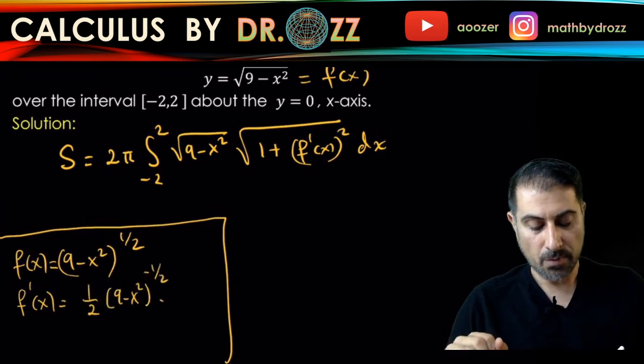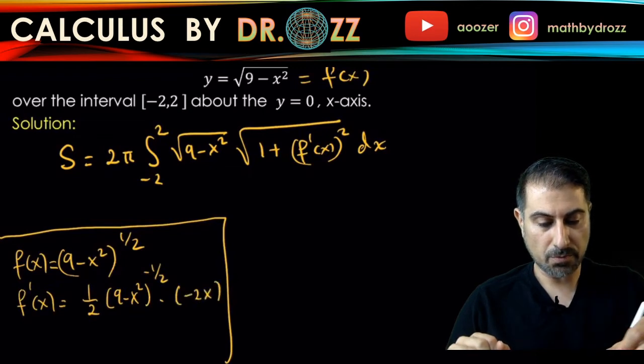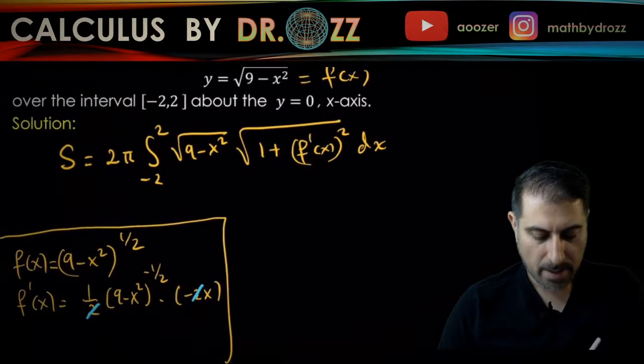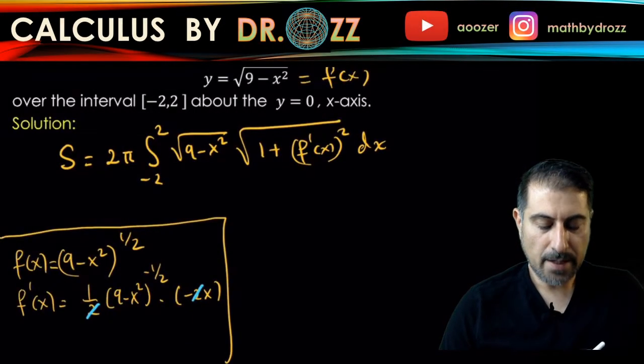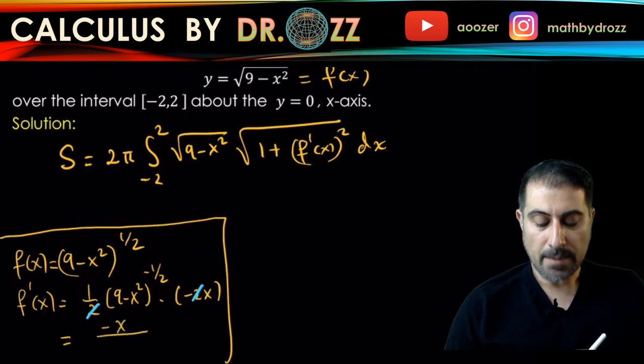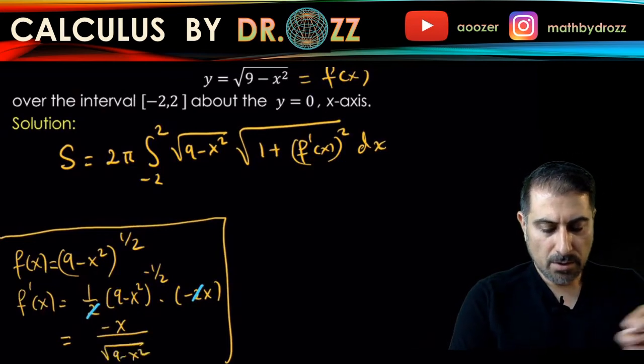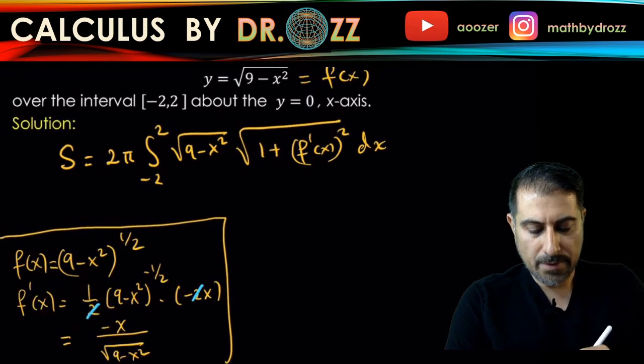Okay, we can cancel the 2 and 2 and simplify the whole expression. So let's write it: minus x divided by, I'm using divided by because we have a negative exponent here, 9 minus x squared to the power of 1/2, but this is equal to radical 9 minus x squared. Okay. So why don't we go ahead and write this all the way here.